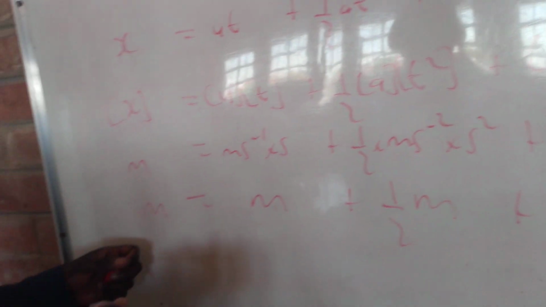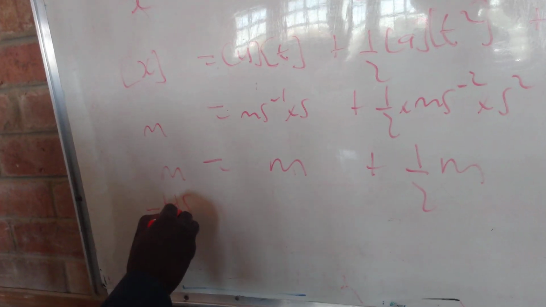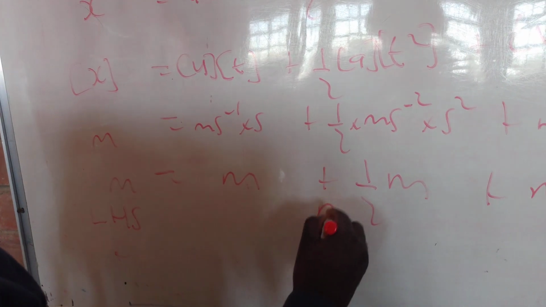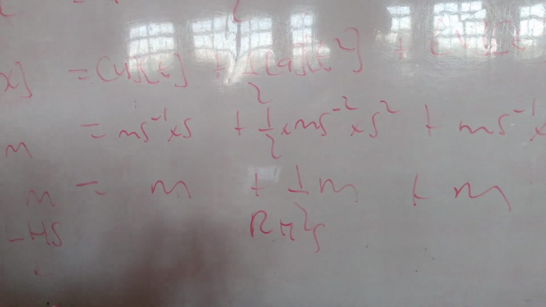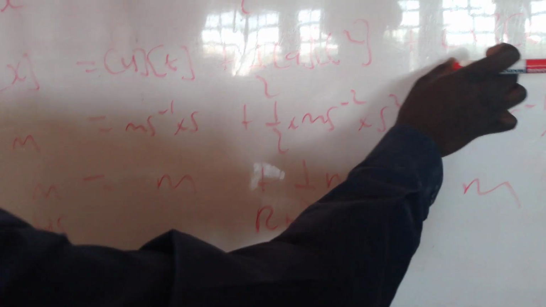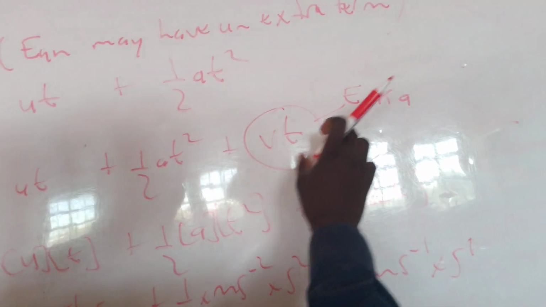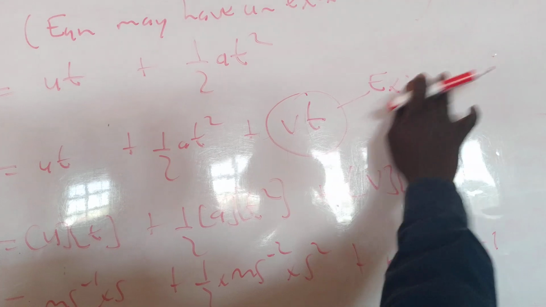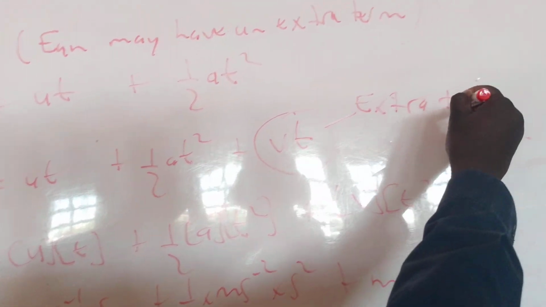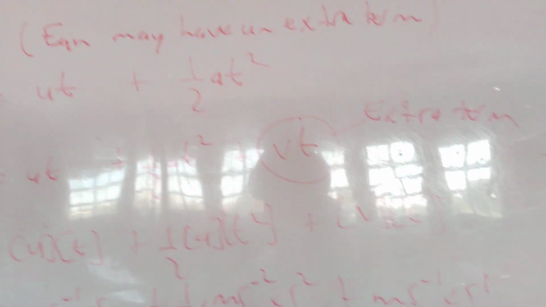So the terms on the left hand side have the same basis as the terms on the right hand side. So this equation is homogeneous but incorrect due to the extra term. This extra term renders the equation incorrect.